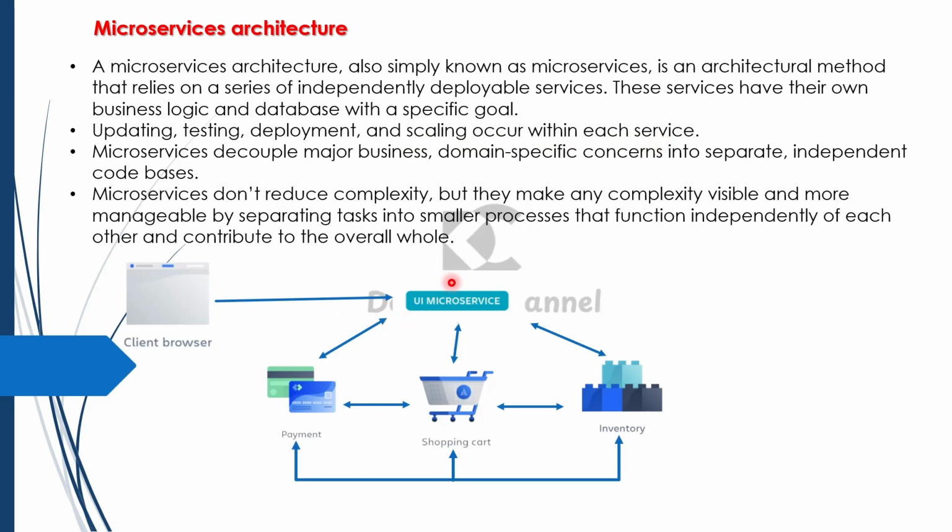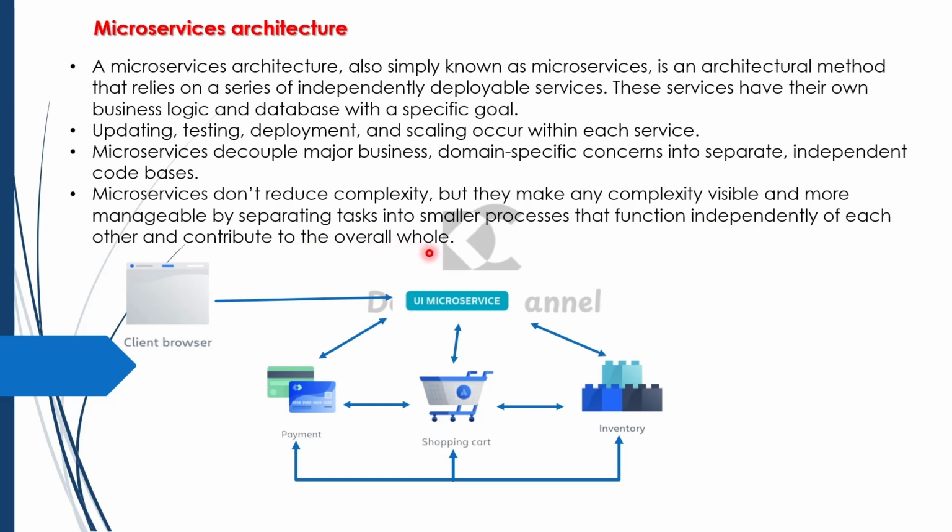You cannot do that with a unified unit like monolithic, so in here it goes differently. Microservices decouple major domain-specific concerns into separate, independent code bases. Microservices don't reduce complexity, but they make any complexity visible and more manageable by separating tasks into smaller processes that function independently of each other and contribute to the overall whole.